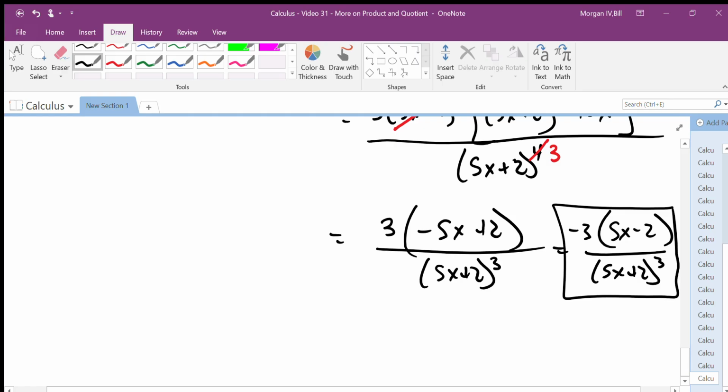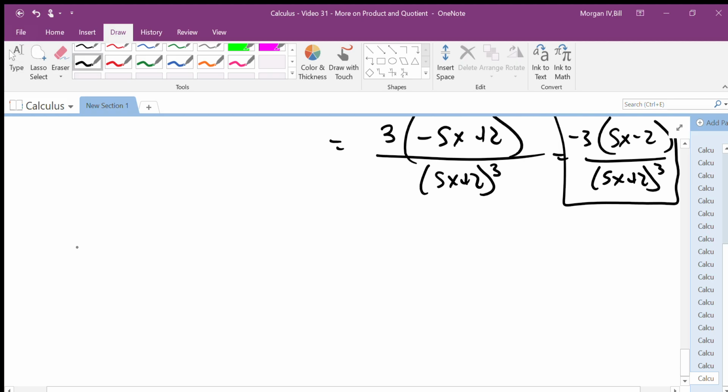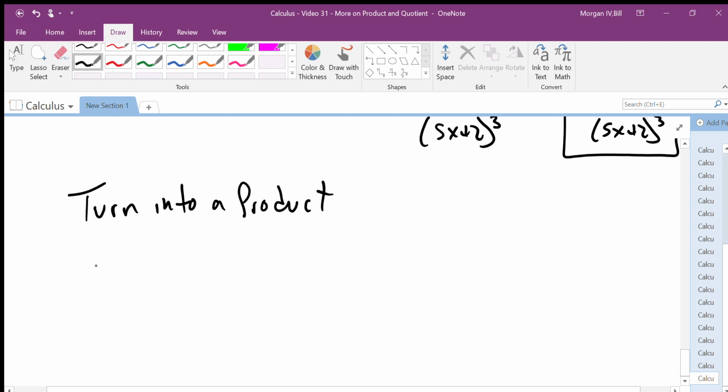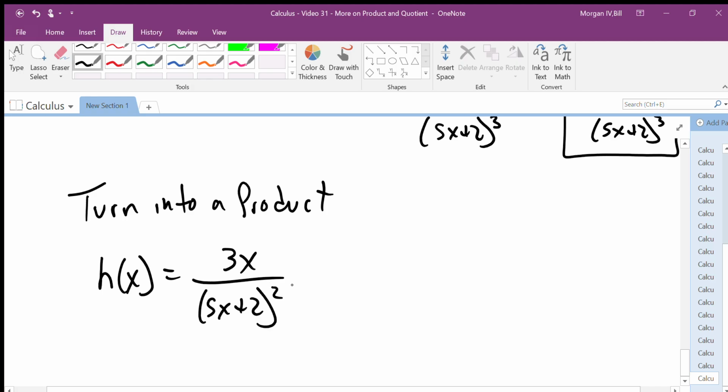But let's try to not use the quotient rule. Let's try to instead turn it into a product. So when we had our function, I believe it was h of x equals 3x over 5x plus 2 squared.